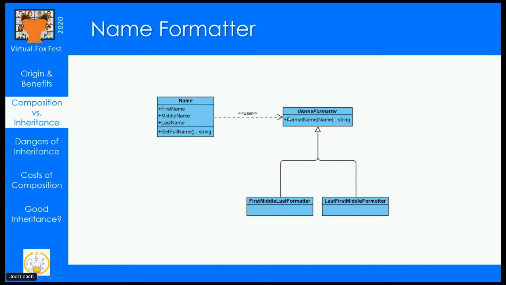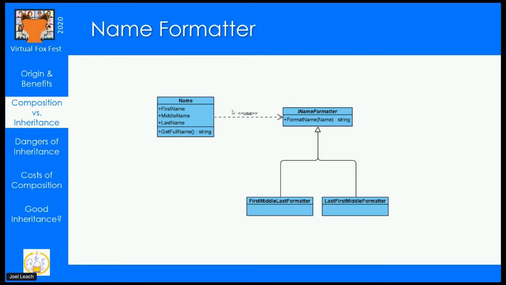And so this formatter is called a dependency of name. And you'll hear that dependency terminology whenever you're working with composition. The relationship is just a little bit different. The difference between a component, which is a has-a relationship, and a dependency, which is a uses-a relationship, is subtle, so don't get hung up on it. But ultimately, it all falls under composition.